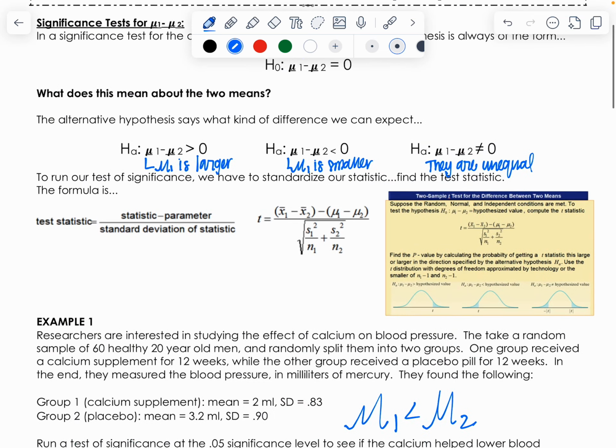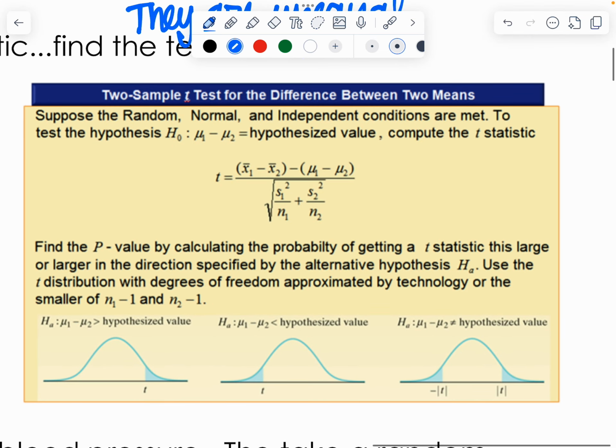Right, if we look up here, oh, whoops, nope, it says, use the t-distribution with degrees of freedom approximated by technology. We're not going to do that because we don't have a way to do that.